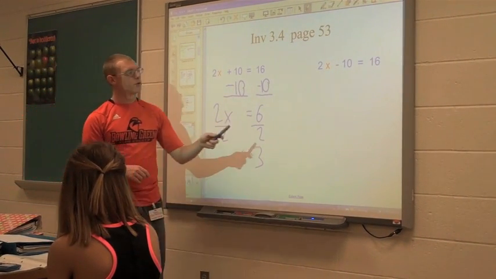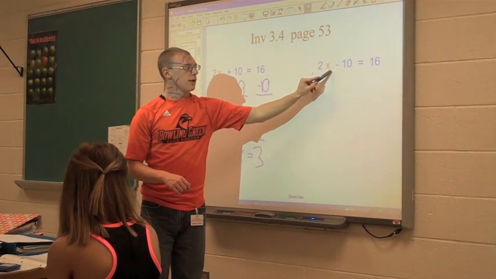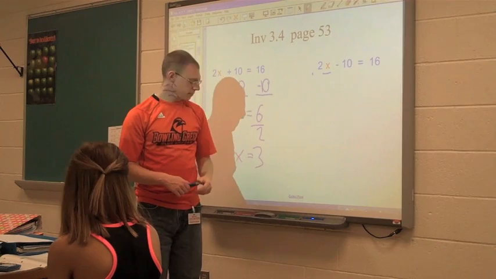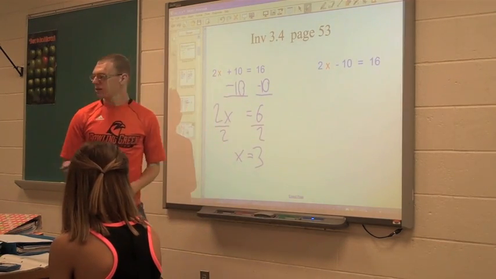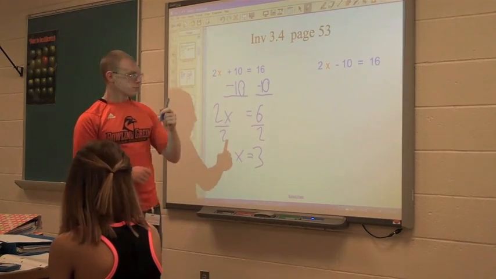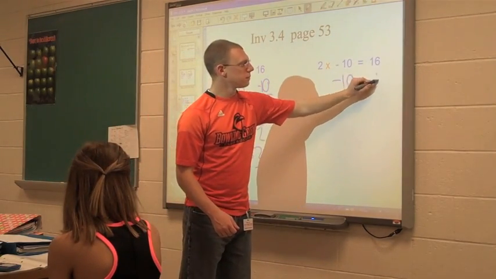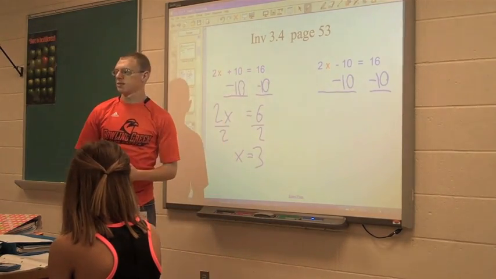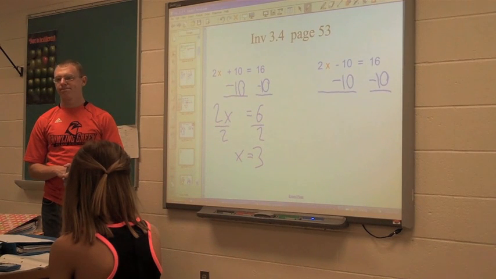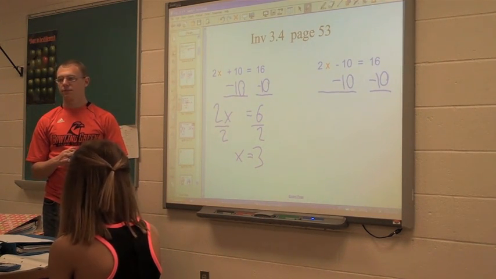So what could we do in this equation to get to having a single x? Subtract 10 from each side. So then what would we get if we subtracted 10 from each side? 2x equals 6?